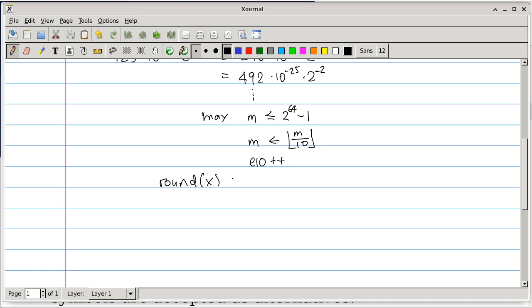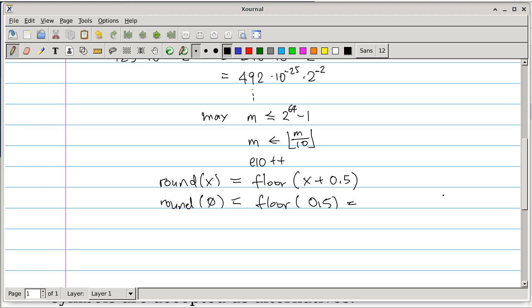Well, the first thing we ask is, is this the same thing as taking the floor of x plus 0.5? Okay? What do you think? Well, we'll try a few times, right? So we'll say, what is the rounded value of 0 itself? Does it equal the floor of 0.5?